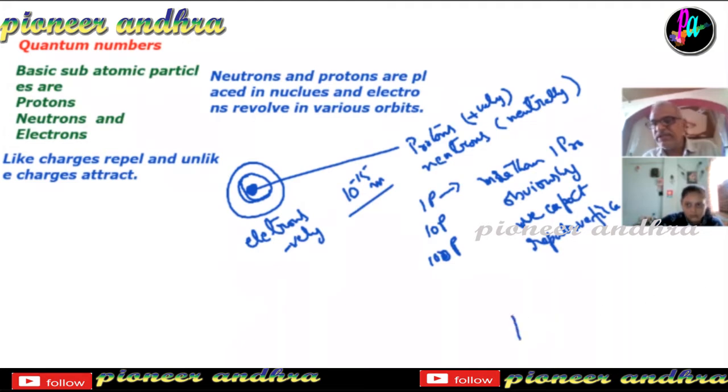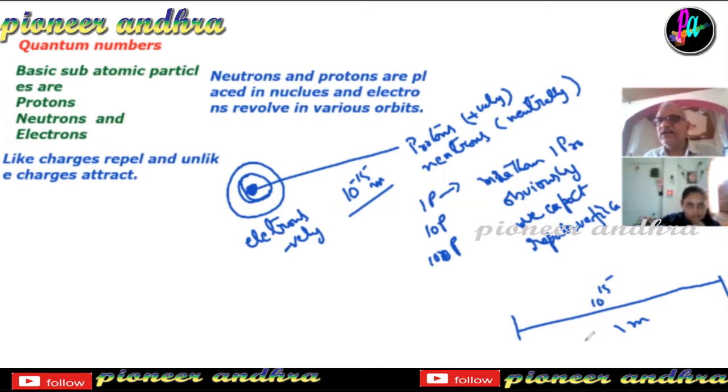Take a 1 meter length and divide it into 10 power 15 parts. One part, how much will it be? It cannot even be seen using a microscope. We need an electronic device called an electron microscope to view the nucleus.